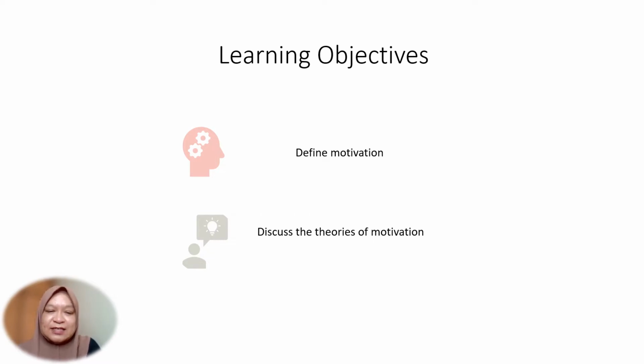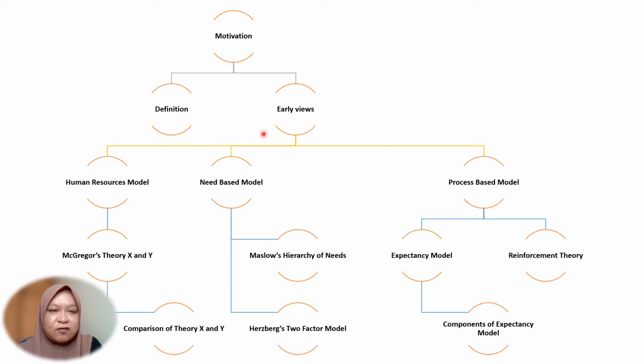Okay, so in this chapter, we want to know the definitions of motivation and we want to discuss a few theories of motivation. Of course we're going to start with the definition, and then we want to see the early views of motivation. So we have the human resource model, the need-based model, the process-based model.